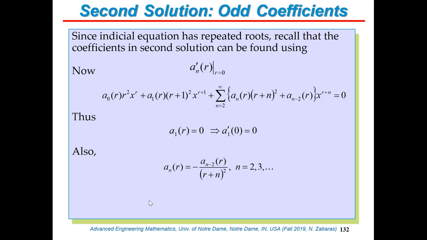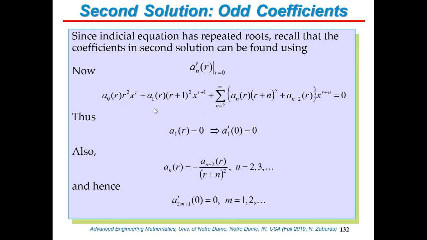And you can see that for all the odd terms, because a1 of 0 is equal to 0, if you take this equation and you apply it iteratively, recursively, you will see that the derivatives of all the odd coefficients are equal to 0. So we have to concentrate only on the derivatives for even n, right, to compute the coefficients for y2 for this case of equal roots of the indicial equation.